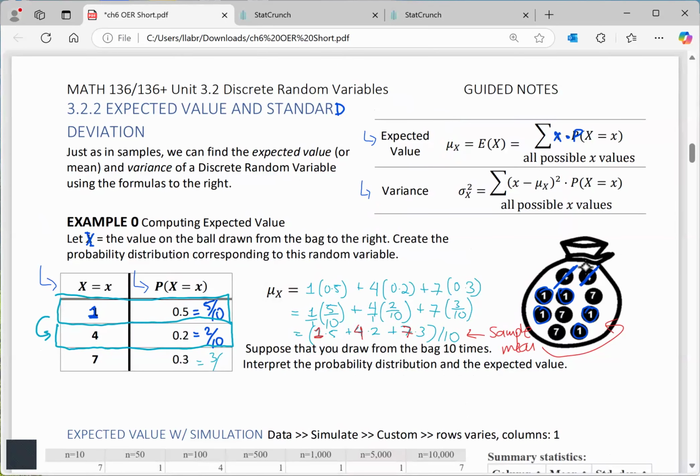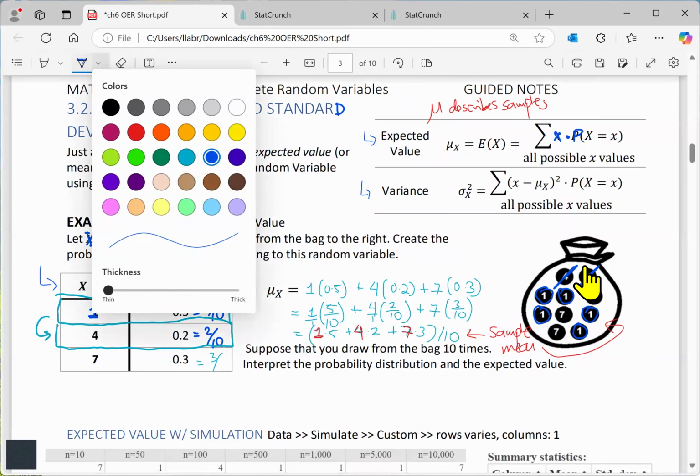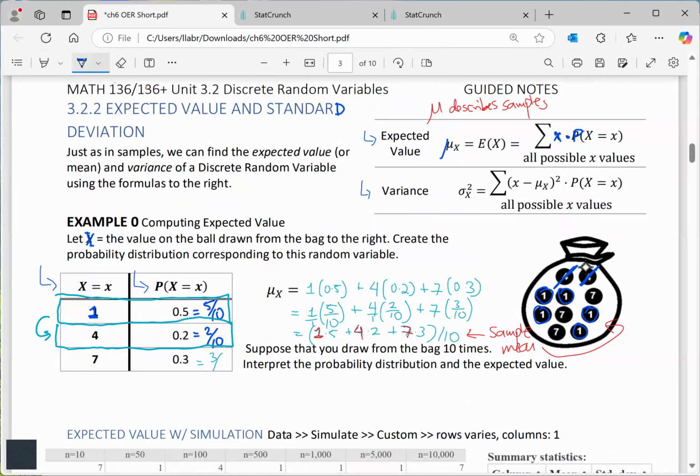So let me just write that down. Whenever you see the word mu, a lot of times that describes samples. But when you use mu of x, with a little x at the bottom, there's a little difference. Or if you use E of x, then that describes an experiment.